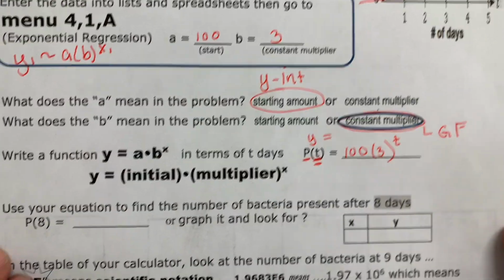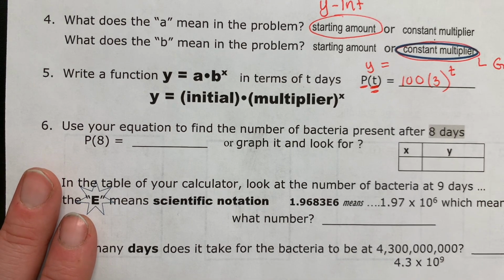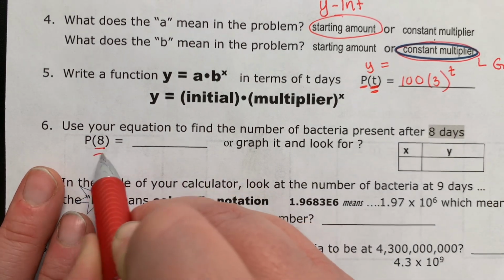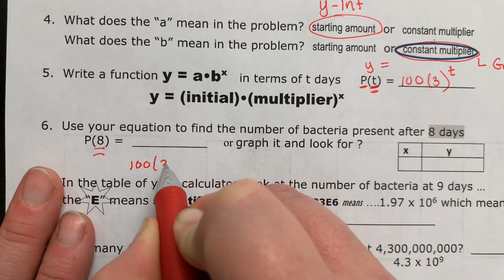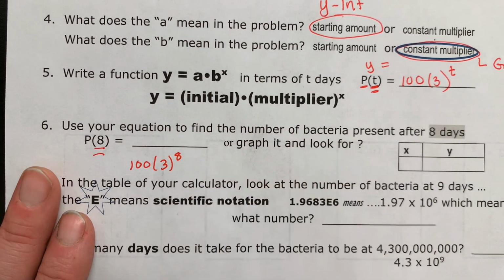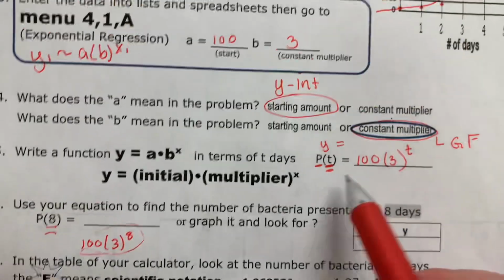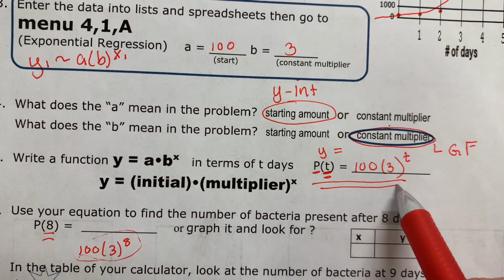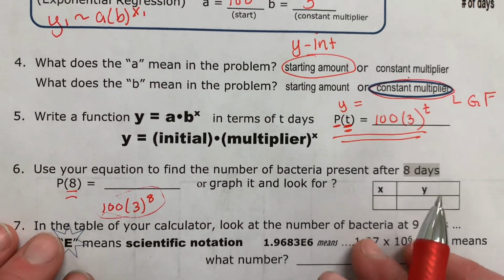All right, so we're going to use this equation. And we're going to find out what about after 8 days. So I would put 100 times my growth factor of 3 to the power of 8. There's two ways to do this. I can just put this in my calculator, or I can put my original equation in the calculator, and I can pull up a table and see what the 8th day looks like. So either one will work.